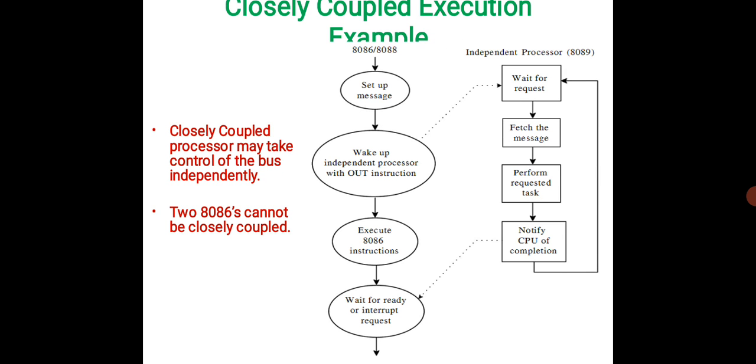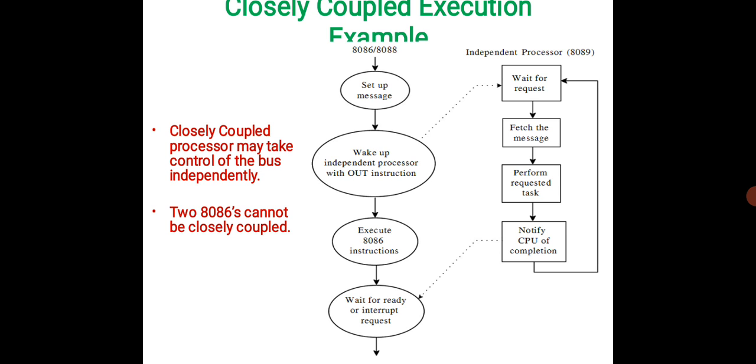Now the closely coupled example. Here you could see that a closely coupled processor may take control of the bus independently, and another important thing you should remember is that two 8086 processors cannot be closely coupled. This is what we have seen in the previous diagram, which is a very descriptive example.